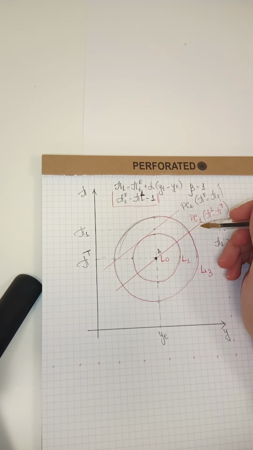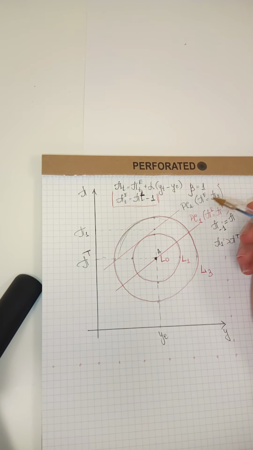So although central bank would like to be located at this point, this would require having rate of inflation in the previous period equal to pi tau. That's why for the central bank, you just deal with what you've got in this case.